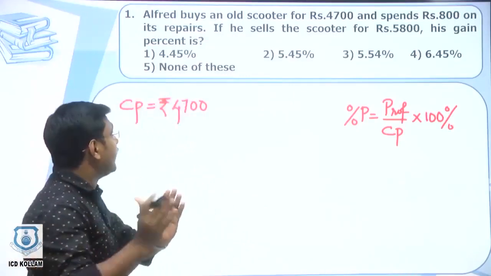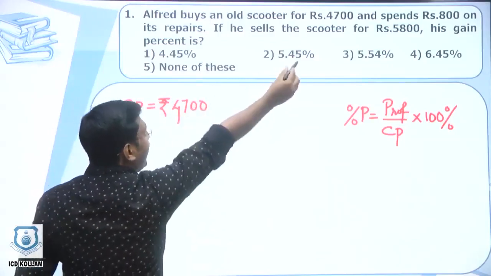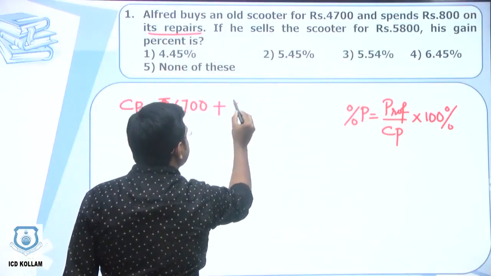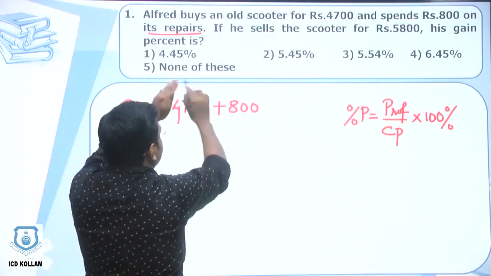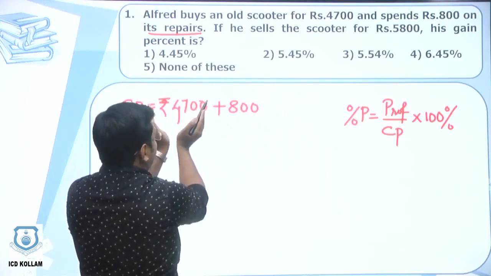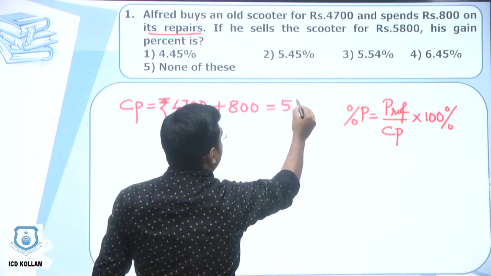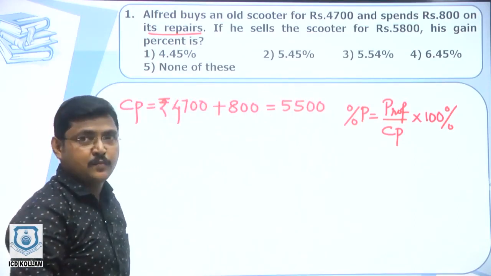So the cost price is initially 4,700 plus that 800 that he spends for its repair, right? So that 800 also we need to consider as the cost price. As a result, the total cost price, basic price plus its expenditure, is equal to 5,500. This is the value we need to consider as the cost price, right?